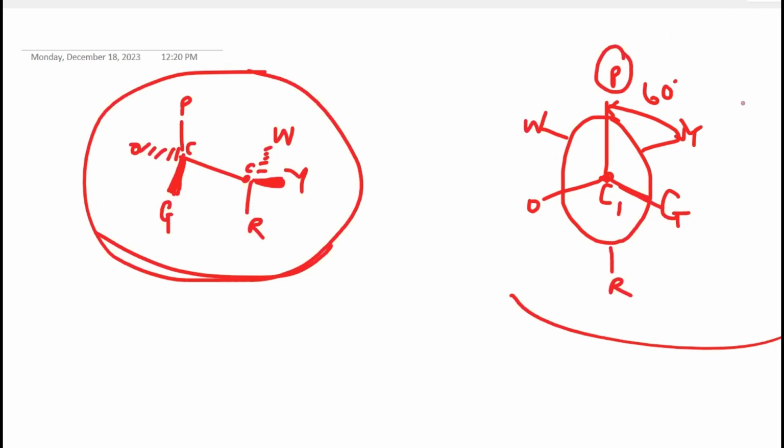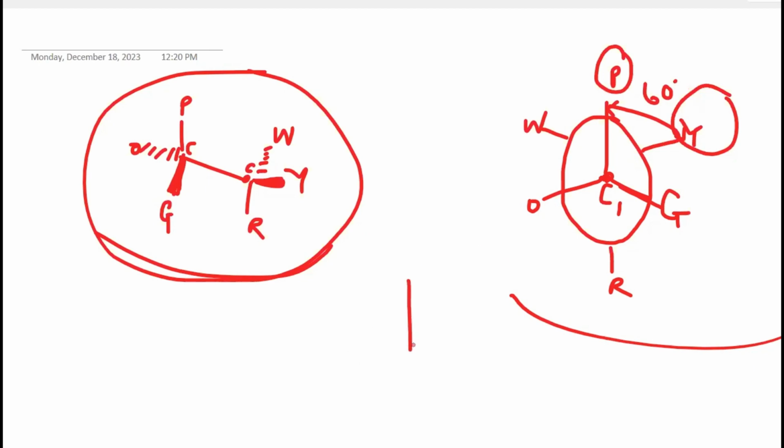Because of their large size, their electron clouds are not going to be happy. They would want to repel each other. And that's why the lower the angle, or if they're really close to each other, there will be more repulsion, and the more unhappy the molecule is going to be.